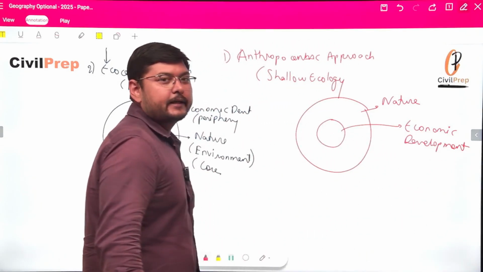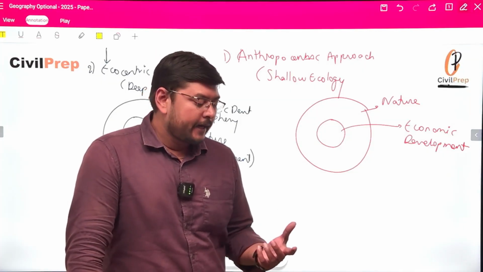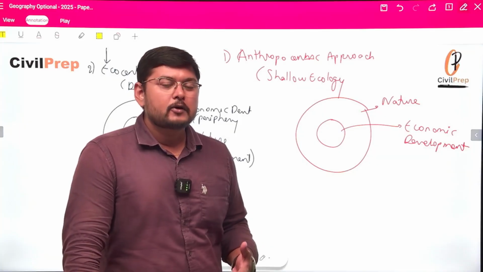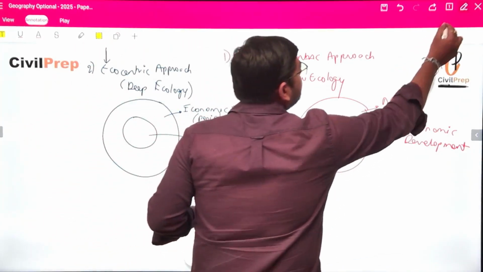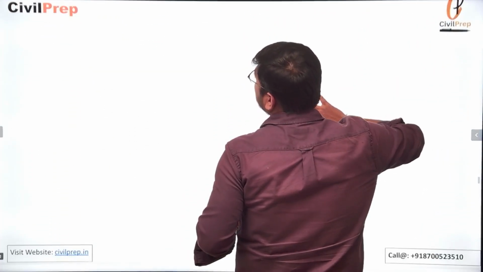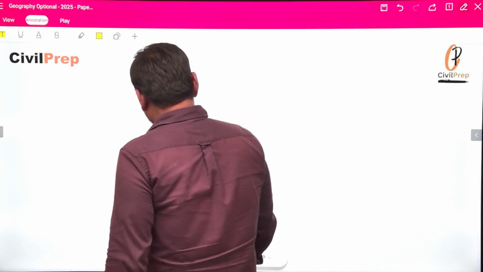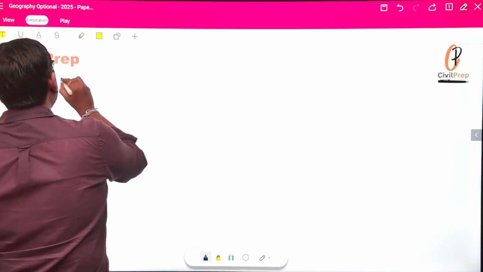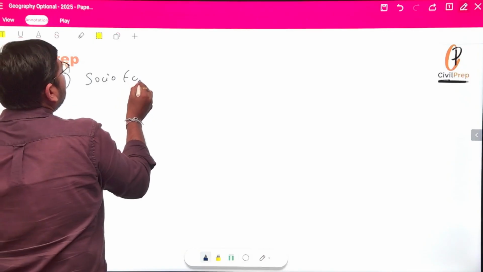This is resulting in a condition where environmental degradation is increasing, and economic development is increasing at the cost of environmental degradation. But when we look at all these things, the issue majorly lies with the approach because of which only humans are getting affected. But which part of humanity is actually important here? When we look at this aspect, we see it from the socio-economic aspect.